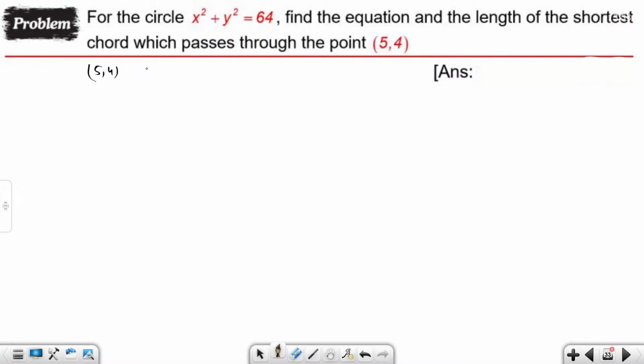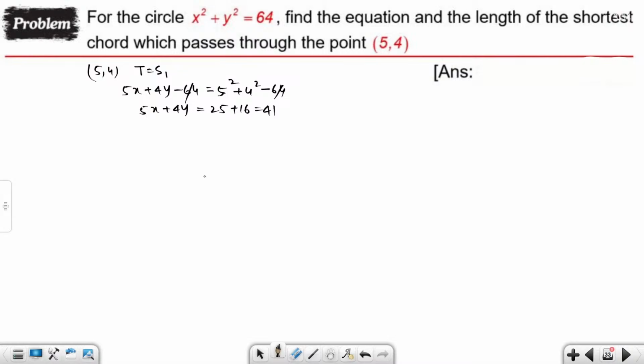Therefore, the equation of the chord will be T equals S1. Okay, so what is the equation then? 5x plus 4y minus 64 equals 5 square plus 4 square minus 64, correct? 64 goes off, so it is 5x plus 4y equals 25 plus 16, that is 41, okay?